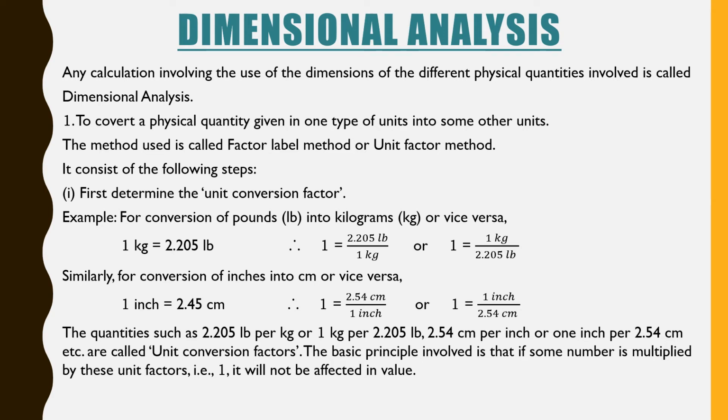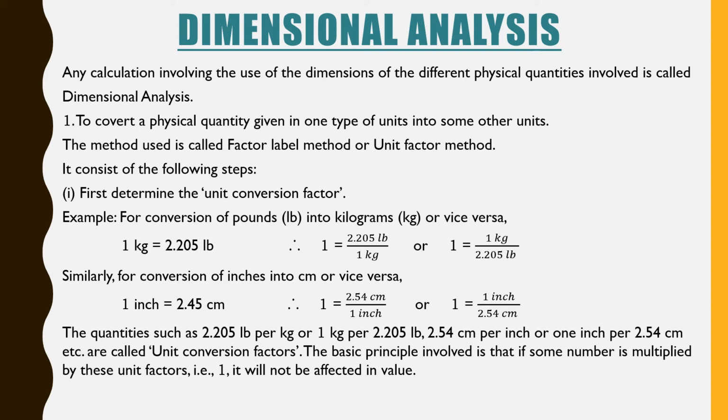Therefore we can write 1 is equal to 2.205 lb divided by 1 kg, or we can write 1 is equal to 1 kg divided by 2.205 lb. So this is the unit factor method, the unit conversion method. Similarly, for conversion of inches into centimeters or vice versa, 1 inch is equal to 2.45 centimeters.